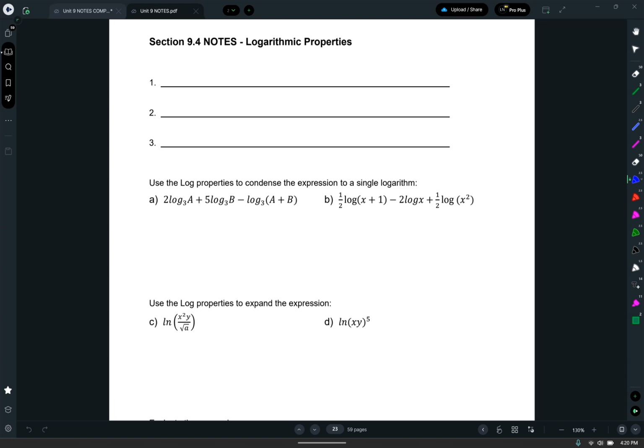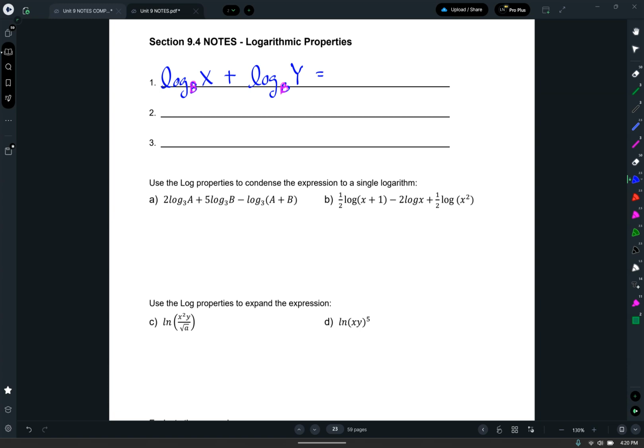All right. The first one is if you have log base b of something plus log base b of something else. So the key here is that the bases are the same. I'm just calling the bases b. It could be that they're both base 2, base 3, base 10. It doesn't matter.